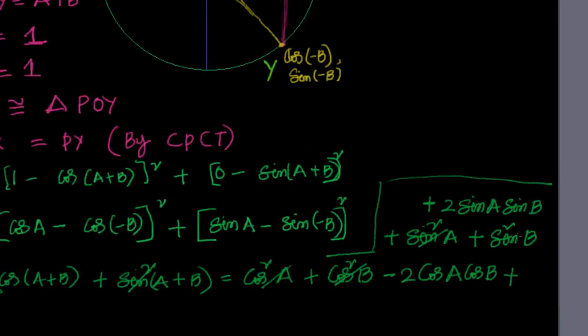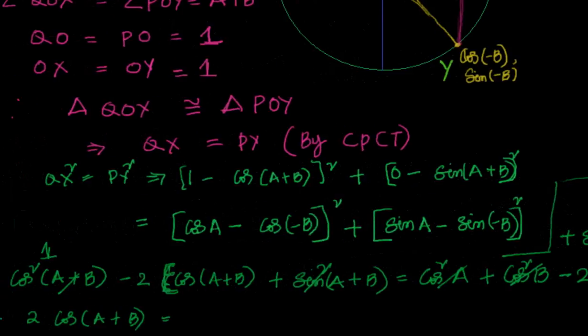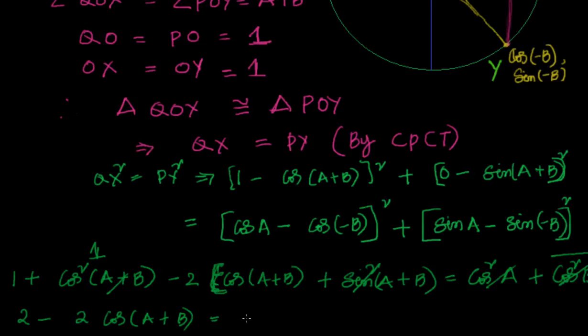Cos square B plus sine square B is 1. That means it becomes again 2 minus of 2 cos A cos B plus 2 sin A sin B.